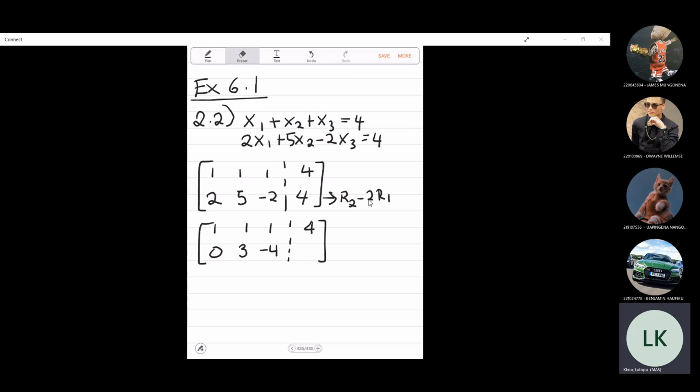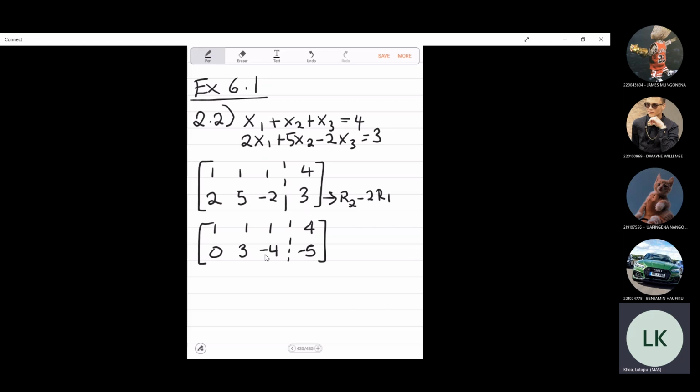Okay, yeah, I see. So this should be a 3, not a 4. Okay, so then I say 3 minus 8. This gives me minus 5. Oh, sorry. This is a 3, so minus 5 goes over here.